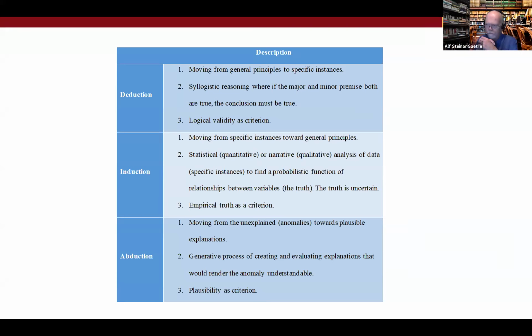Induction works the reverse, where you go from particular observables, count the different numbers, and go toward probabilities and statistical averages of a population. And abduction, of course, is what we're going to be discussing here. It is the process of creation, creating a new idea.